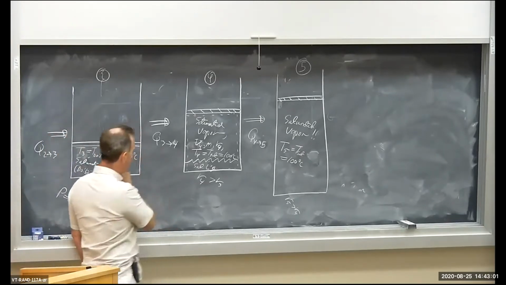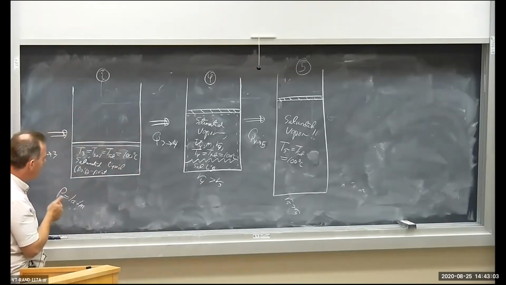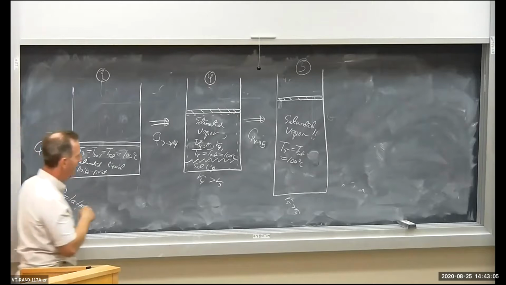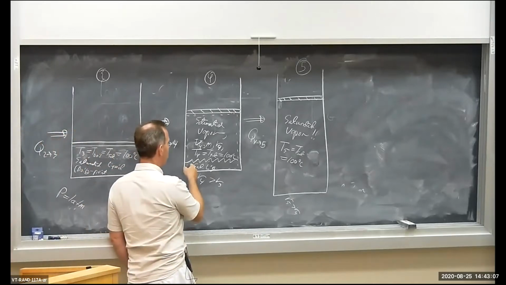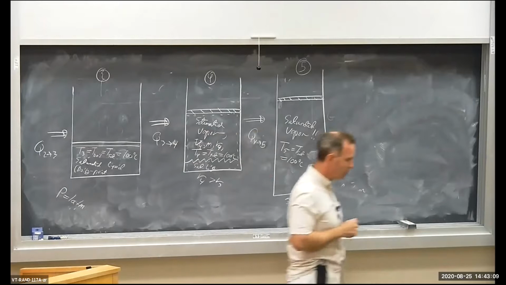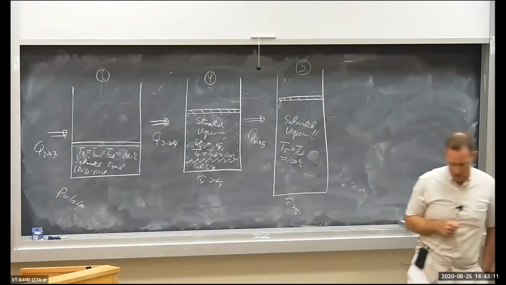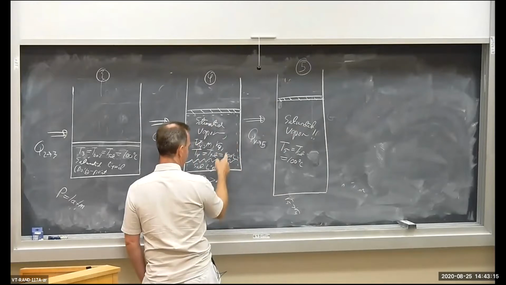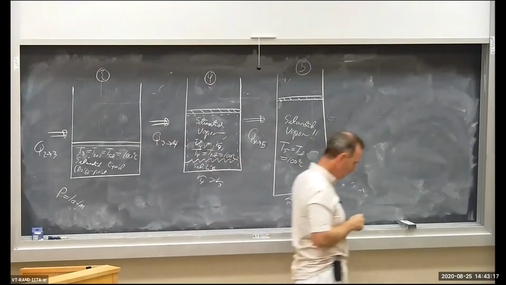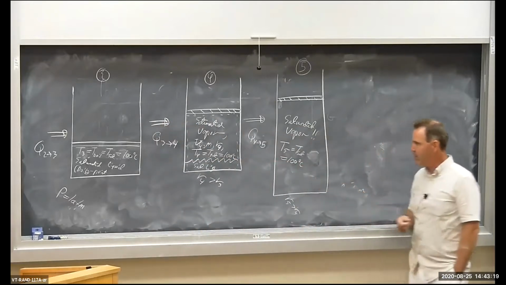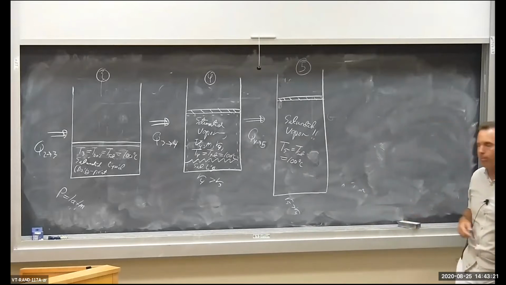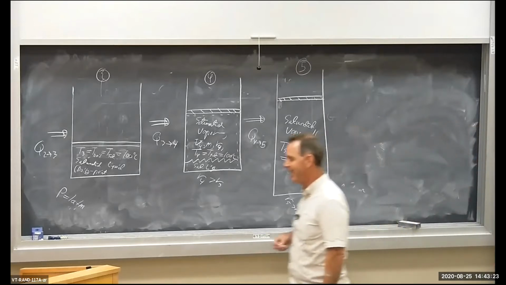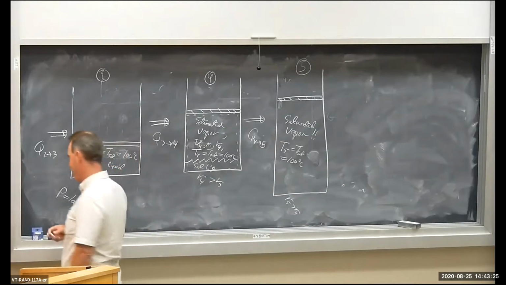So we start off with a saturated liquid. It's just ready to boil. It's at 100 degrees. Then we add heat. Some of the liquid boils away to produce a saturated vapor. So we have a mixture of saturated vapor and liquid at state 4. And then state 5, we're adding a little bit more heat to finally boil away the remaining liquid. And we get a saturated vapor.